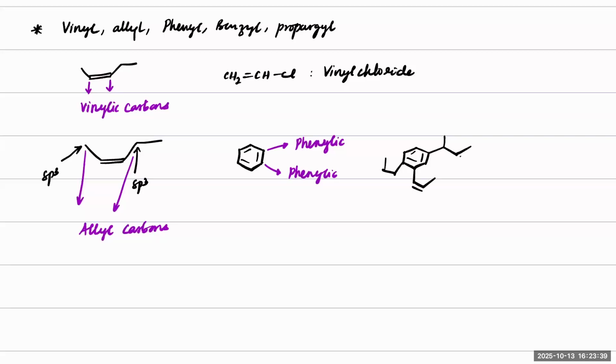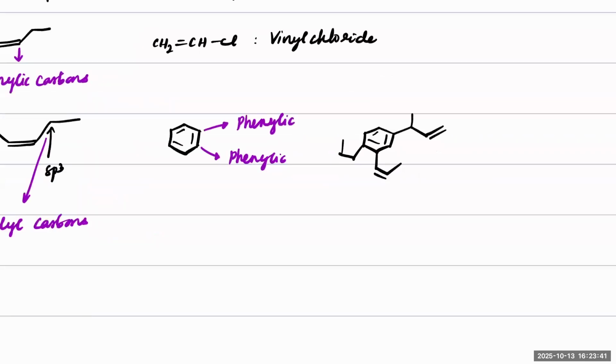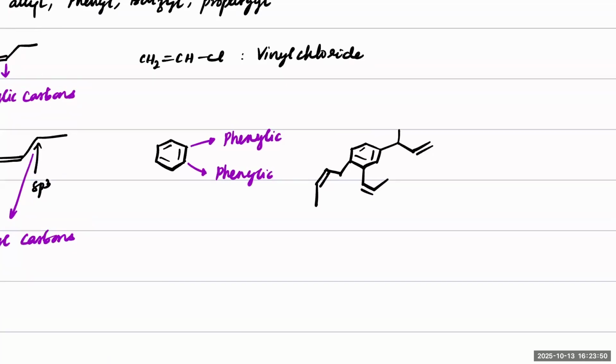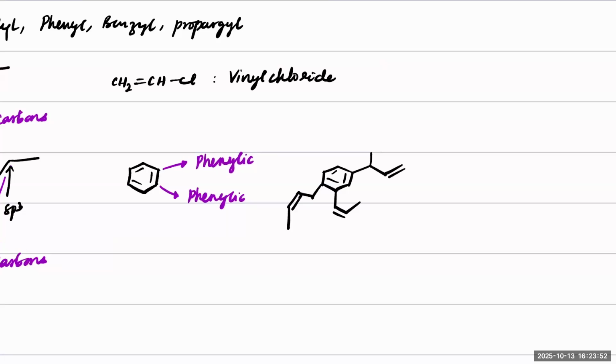Now notice something very interesting in this case. I have a double bond here like this. Notice carefully, everything that is present on the ring only, this is phenyl. So how many phenylic carbons? Six phenylic carbons.